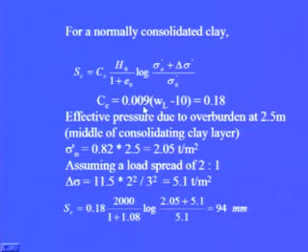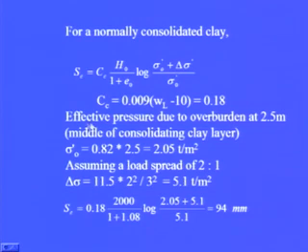So in the absence of the consolidation test data, there are many correlations given by various researchers by which we can determine compression index also. Now a popular relationship is Cc equal to 0.009 WL minus 10. When we substitute the liquid limit of the soil, we get this compression index as 0.18.